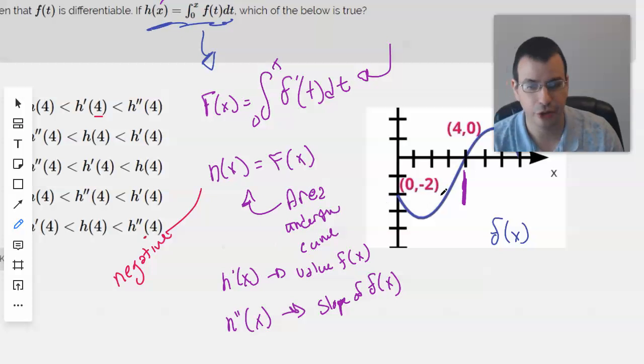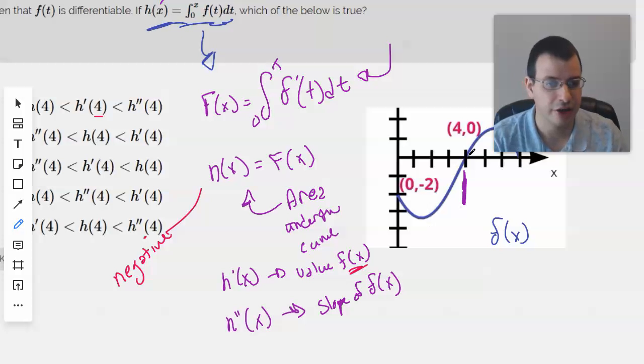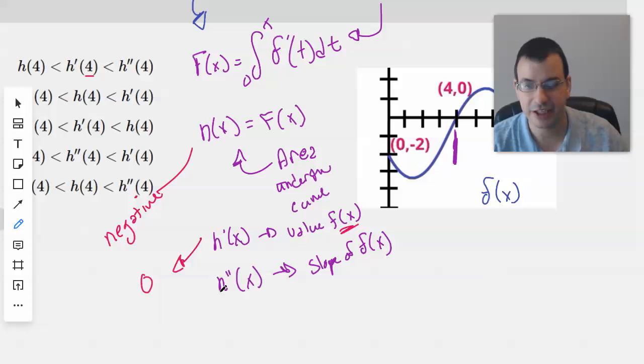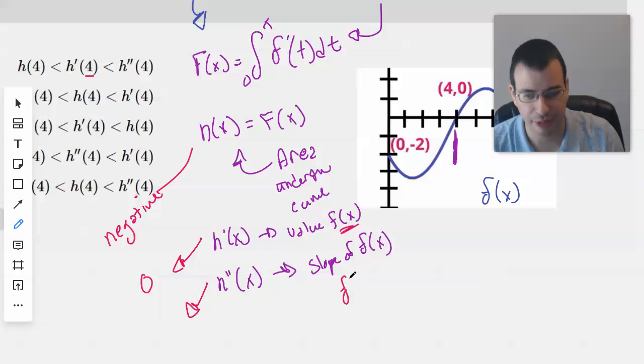The value of f of x at 4 is 0. And the slope at x equals 4, the slope of f of x, or f prime of x, is positive.